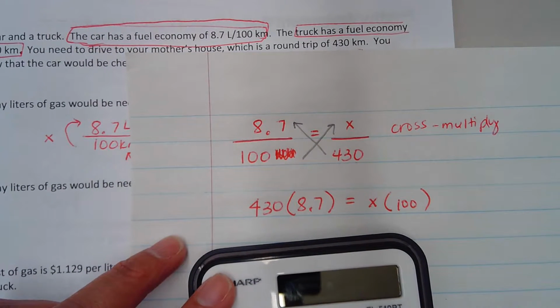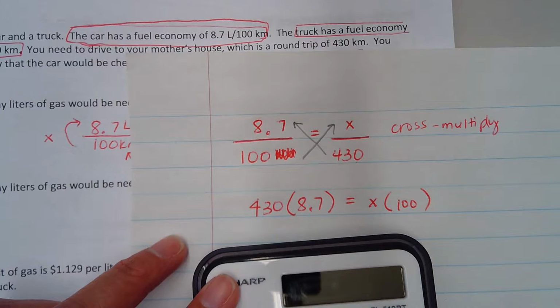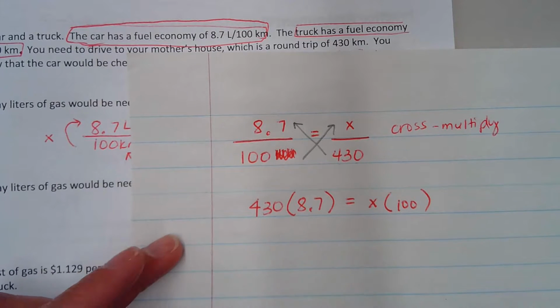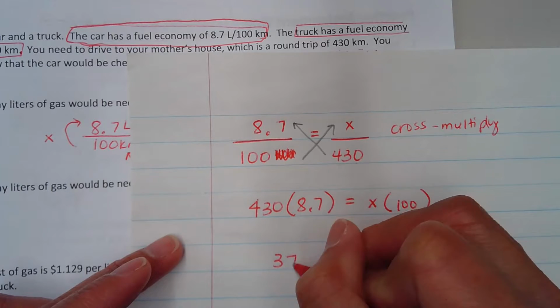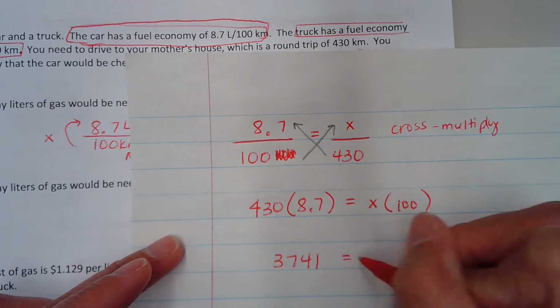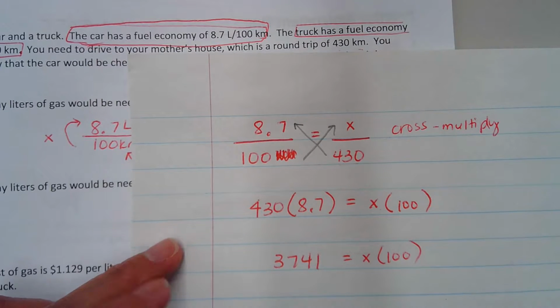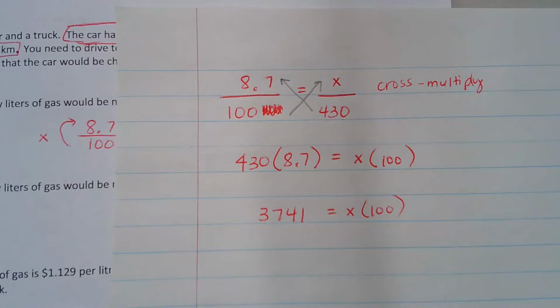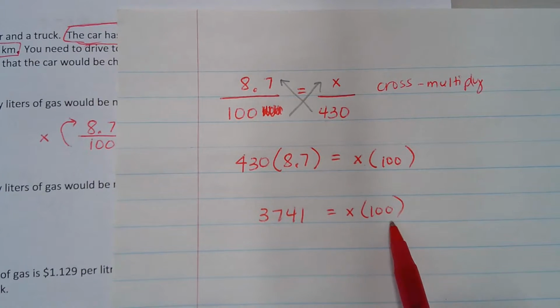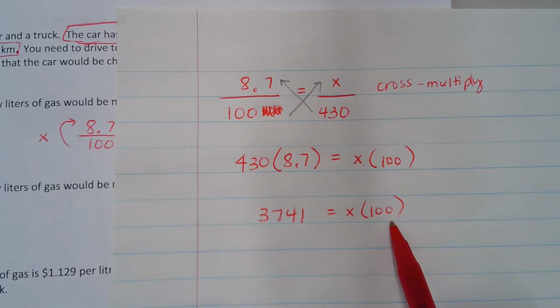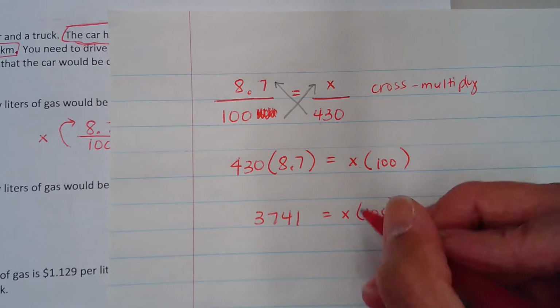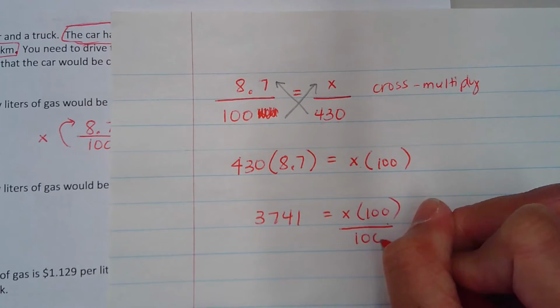So I thought we divided with 100. 430 times 8.7 is 3,741 equals x times 100. Okay, so we're trying to solve for x. X is being multiplied by 100. We're going to do the opposite of that, which is dividing it by 100.